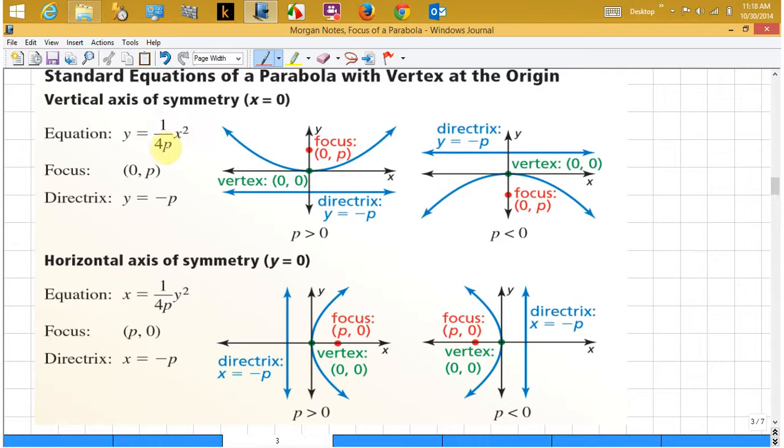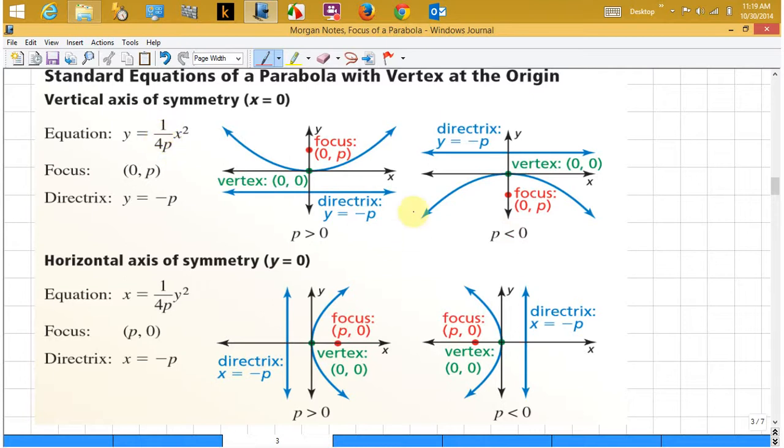It's x squared. It's going to open up. When p is greater than 0, well, p will move up along the y-axis, so it's going to open up. The directrix will be at a negative p. Okay? If p is less than 0, that means this p will actually be a negative. That's going to make this whole term negative.